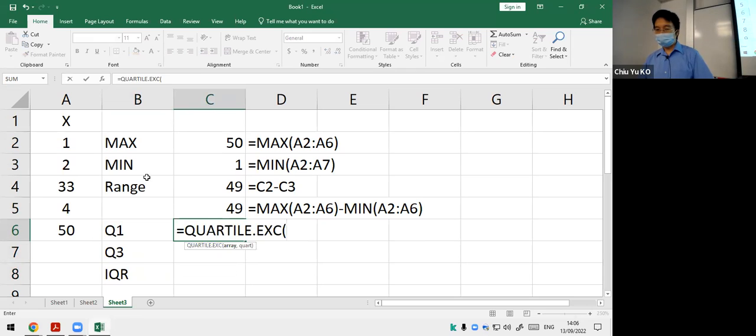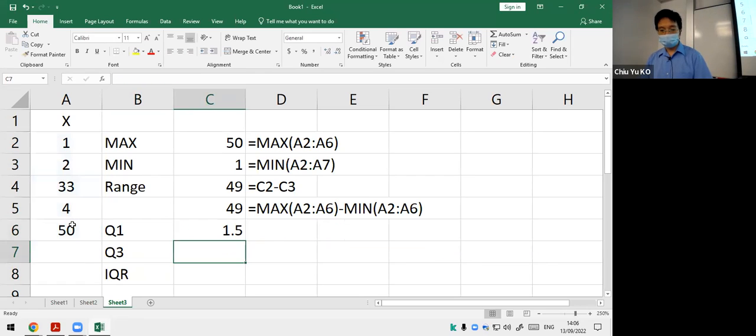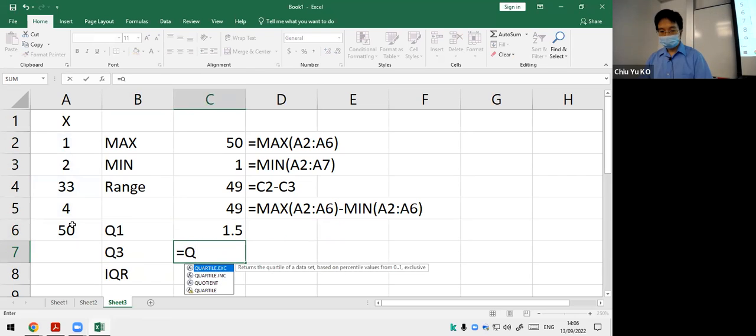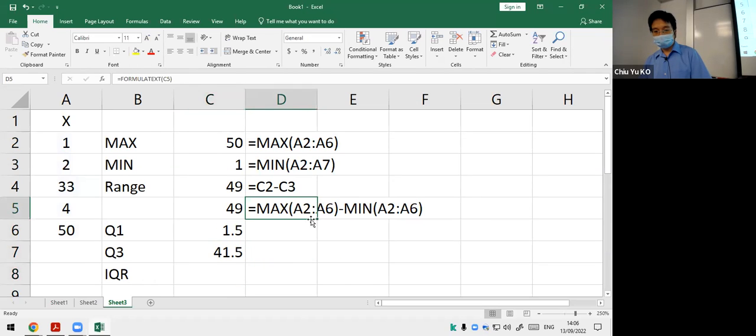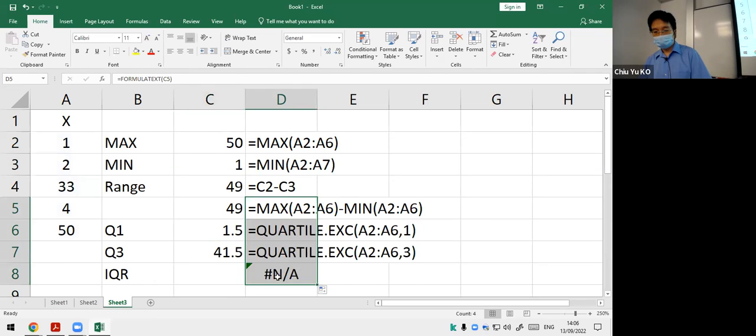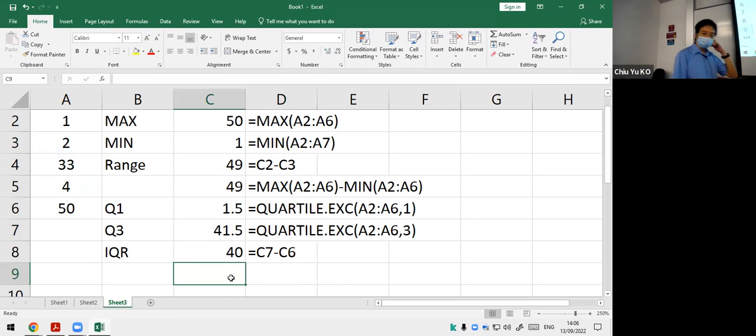We take the quantile of this guy, and then we use 1 to give you the first quartile, and then the quantile of this guy, with 3, it will give you the third quartile, and then you just subtract this from this one, that gives you the interquartile range. I hope that is intuitive enough. Is that clear?